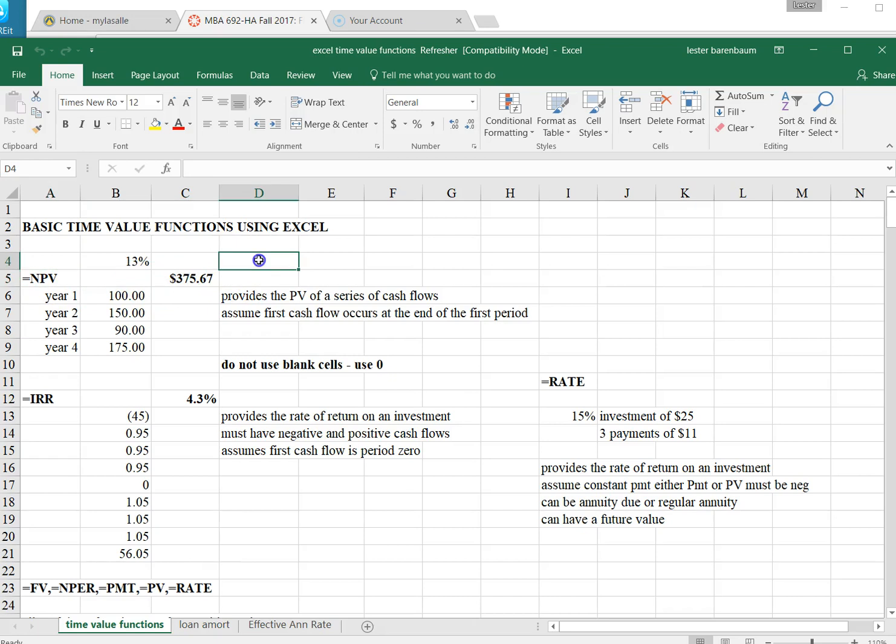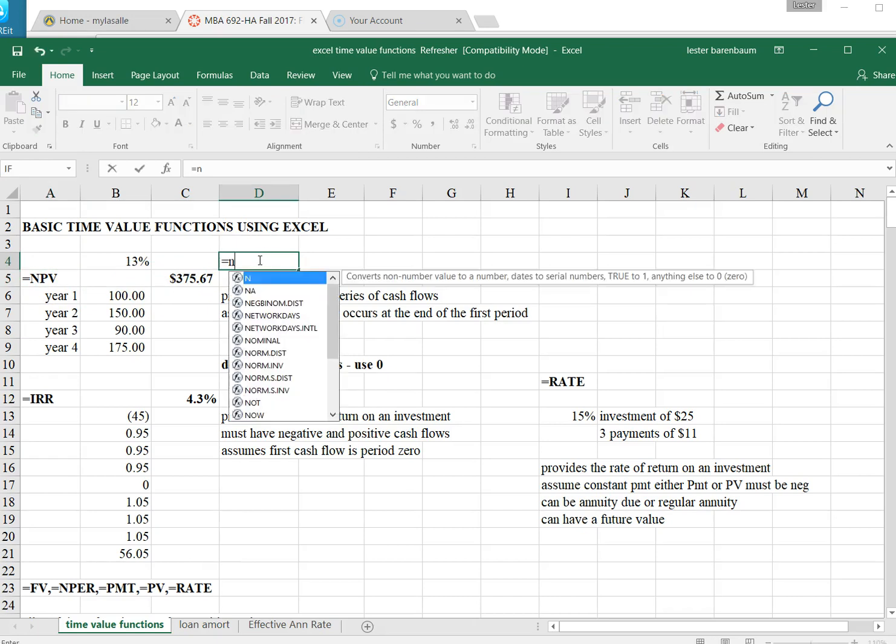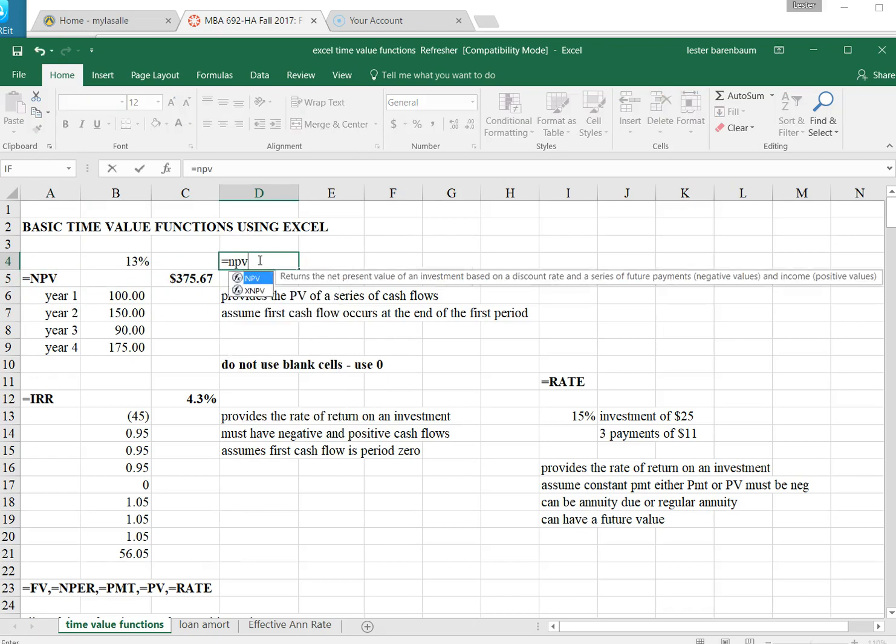The way the function is set up, the first argument you put in is your discount rate. Then you block the variables that you want to use. And Excel makes the assumption that the first cash flow you highlight occurs at the end of the first year.